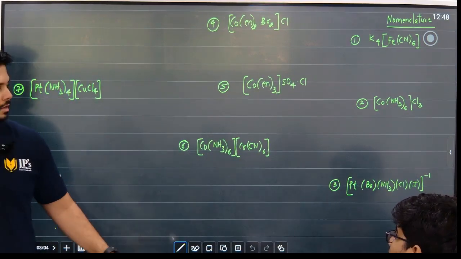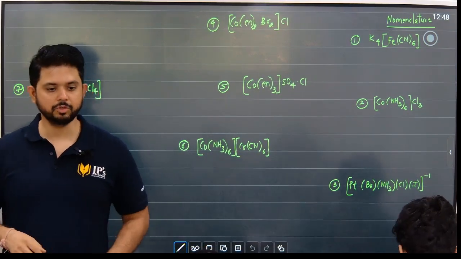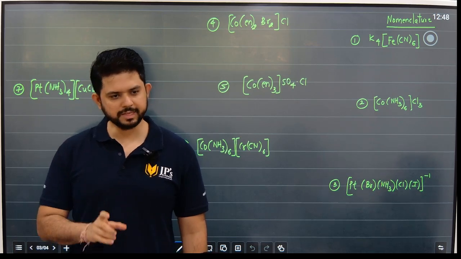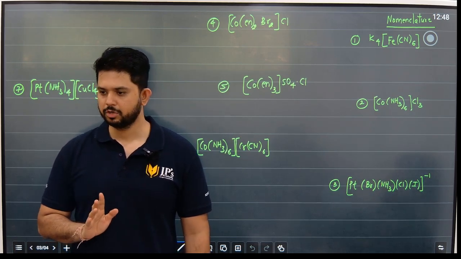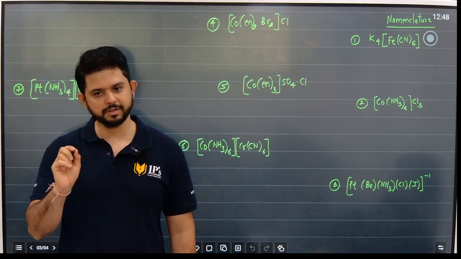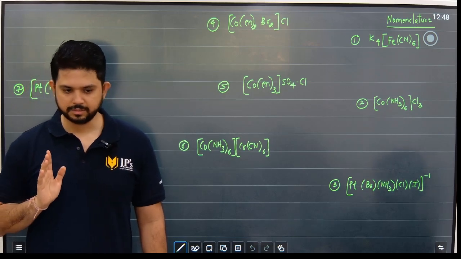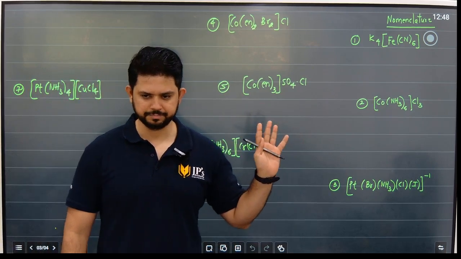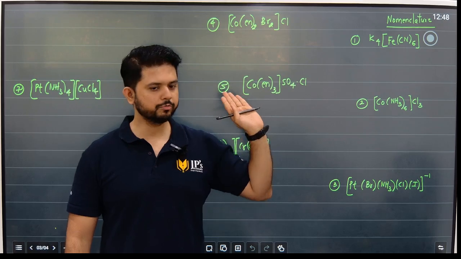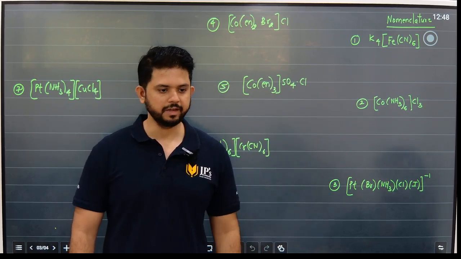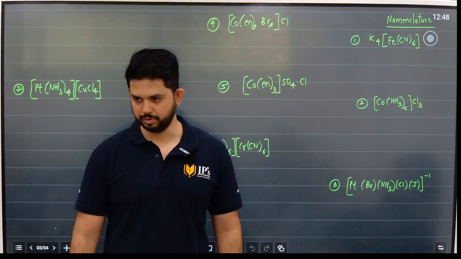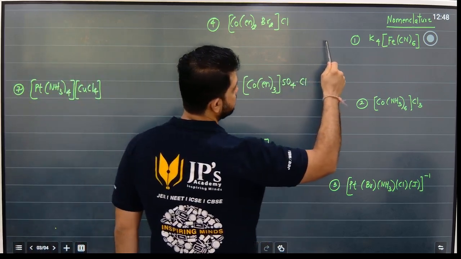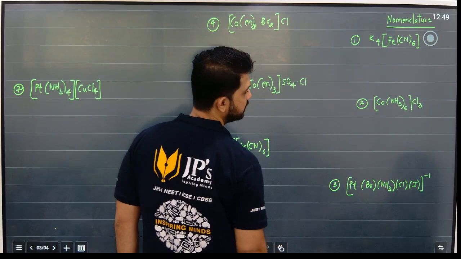Okay. Now we continue with the nomenclature of coordination compounds. There are some rules. I'll give you the rules while doing examples. You can watch the video again and write the rules statement-wise. Nomenclature is the easiest topic, so we'll do it quickly. Rule number 1: you always go from left to right while naming a compound. So when you start from the left, what do you first see?